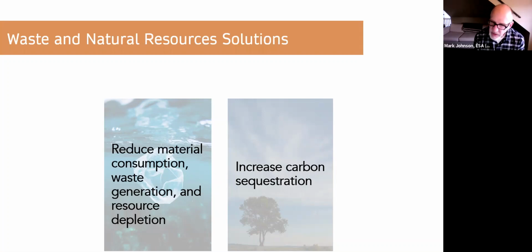Now, this one doesn't have as much impact as you might have thought, and that simply has to do with scale and how much room there is for more trees. But we set a target of 10,000 additional trees in Edmonds by 2050, and that would give about 260 metric tons annually in carbon sequestration.